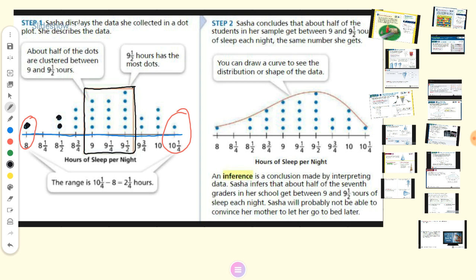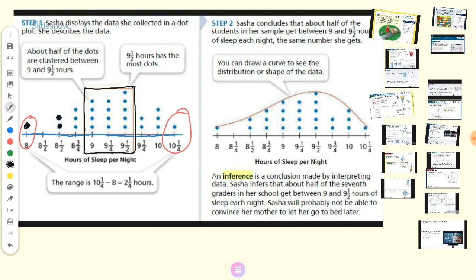It's the center. The center of data is between these numbers. So most of the class sleeps from 9 to 9.5 hours, which is approximately how Sasha sleeps. So I think it's hard to convince her mother.